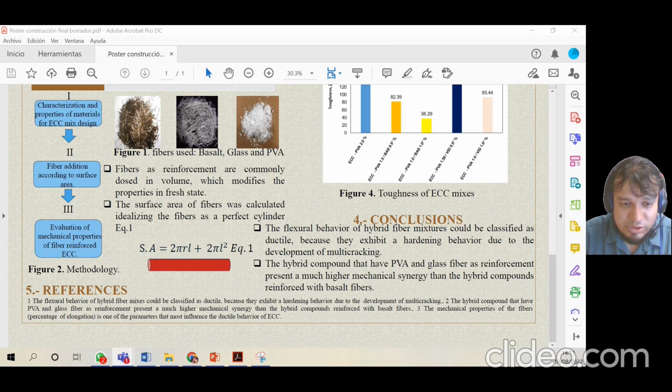In that stage two, we obtained the surface area of each fiber and the fiber's weight addition with respect to that surface area.